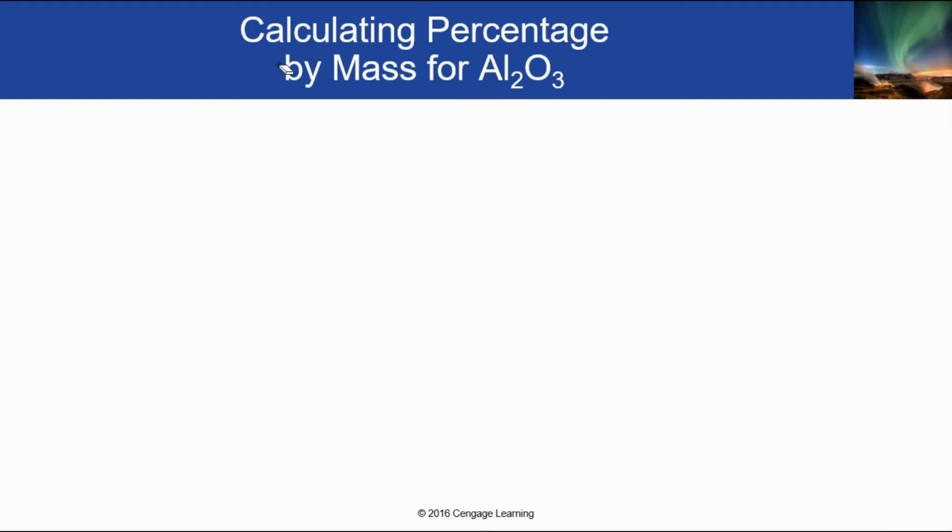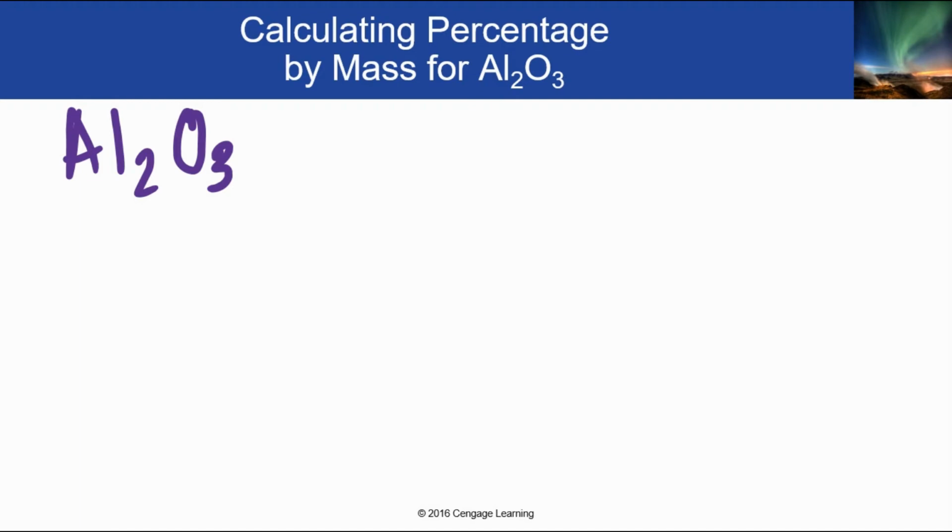Let us calculate the percentage by mass of aluminum oxide, commonly known as corundum in mineral form. So aluminum oxide, we have of course aluminum and oxygen. So what we're going to do first is to find the reference. Ano ba yung atomic mass ng aluminum at ano yung atomic mass ng oxygen?